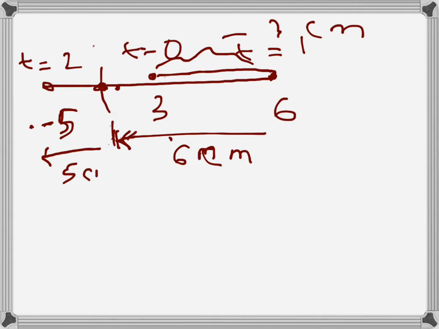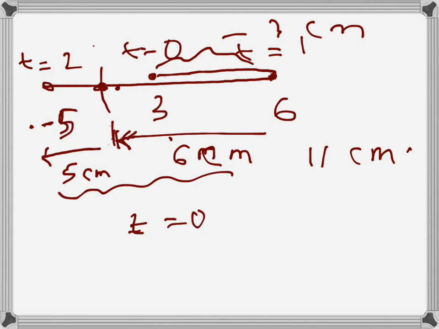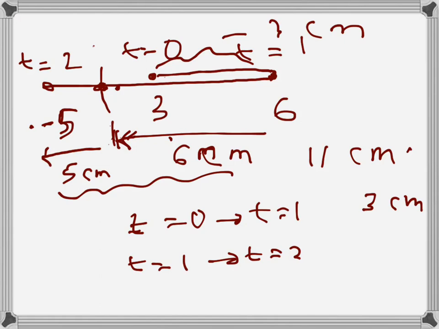So the total distance traveled from 1 to 2 seconds is 11 centimeter. So from 0 seconds to 1 second it has traveled 3 centimeter, and from 1 second to 2 seconds it has traveled 11 centimeter. So total travel is 14 centimeter.